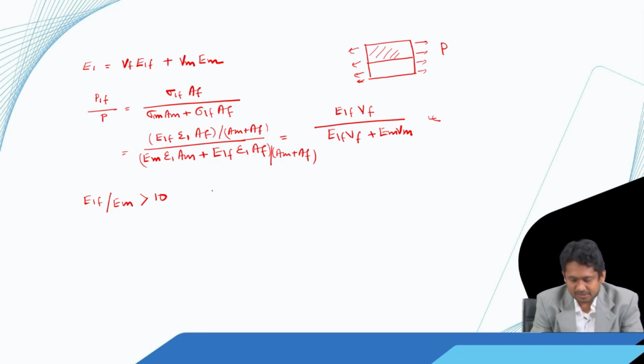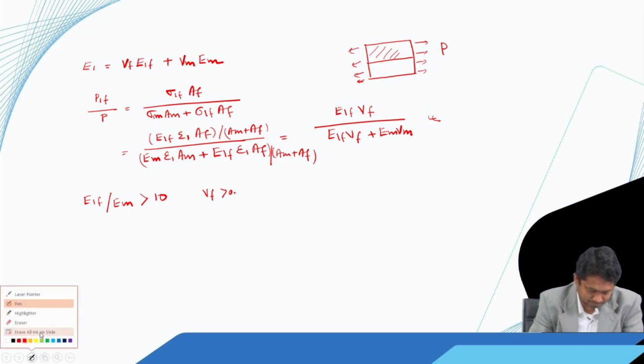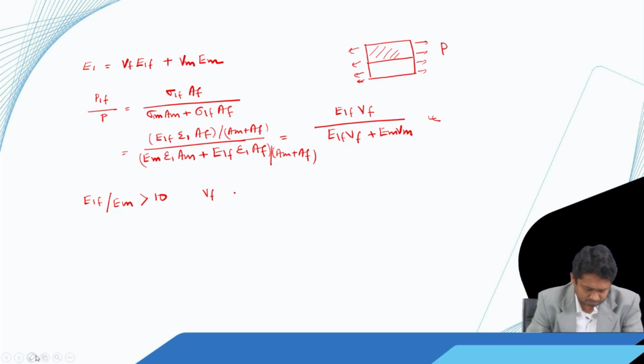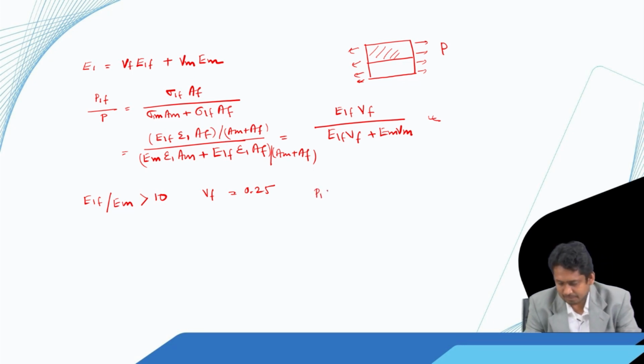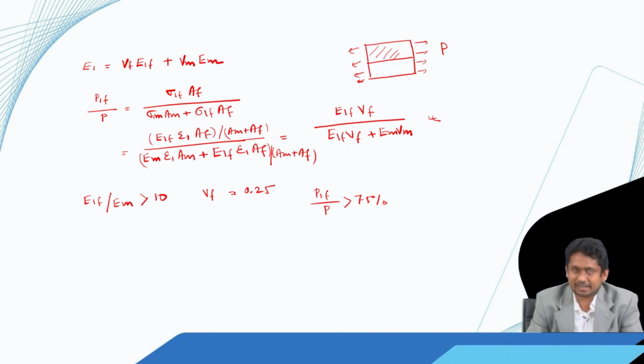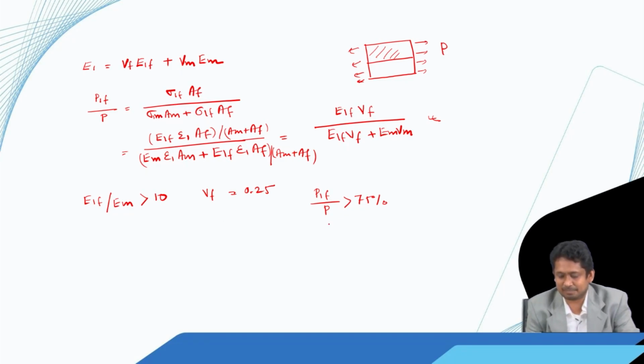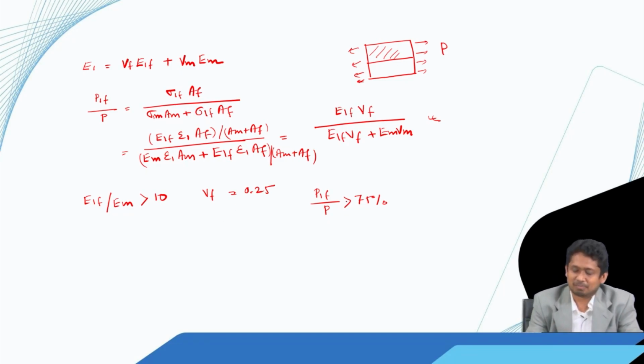With that, if the fiber volume fraction is about 0.25, then P 1 f by P is generally over 75%, and in most cases our V f is much more than 0.25, going up to 0.6, 0.65 like that. So, we can see that in the longitudinal direction most of the load is taken by the fiber.